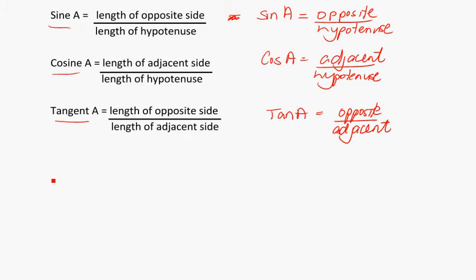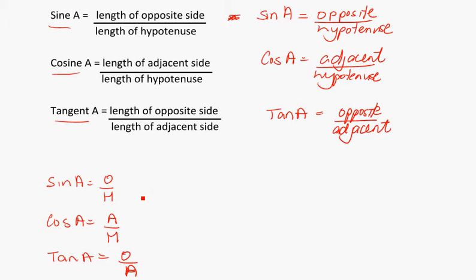Sine A is O over H. Cosine A is A over H. Tan A is O over A. Sorry.